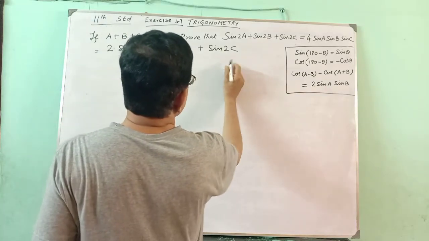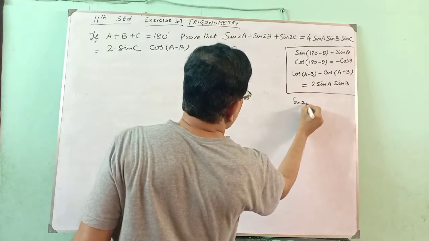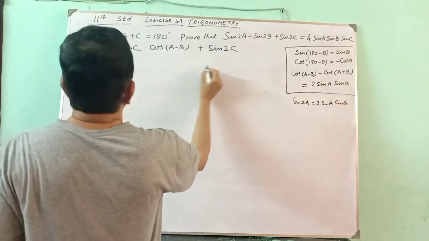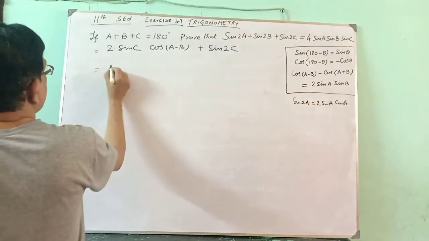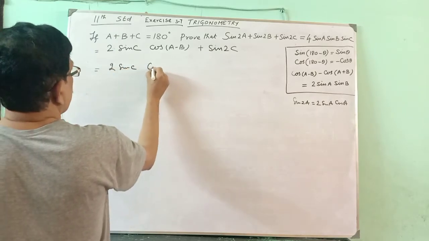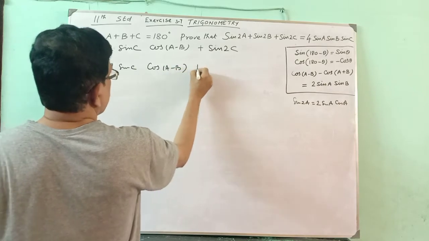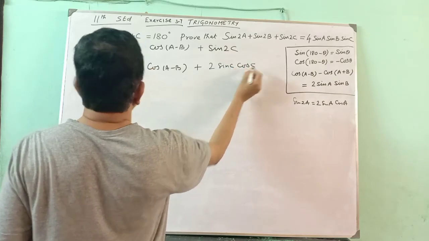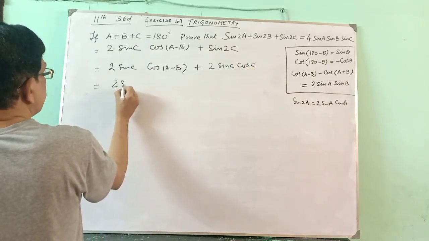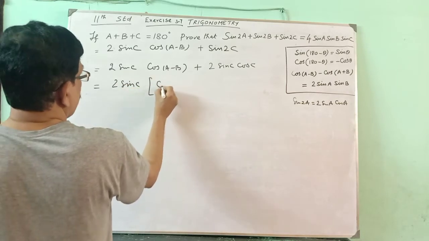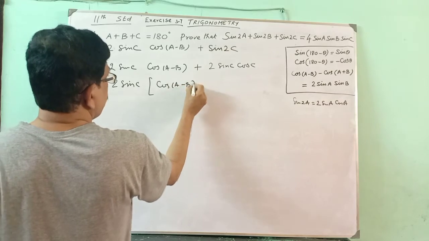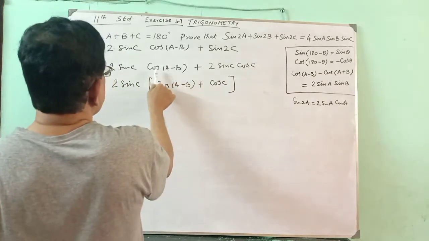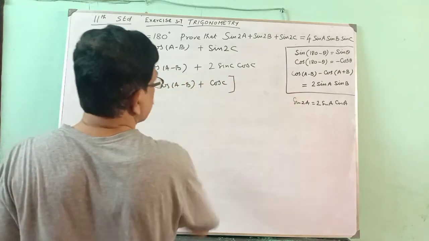Here sin 2C is equal to 2 sin C cos C, by the formula sin 2A is equal to 2 sin A cos A. So 2 sin C cos(A minus B) plus 2 sin C cos C. Taking 2 sin C common, the remaining is cos(A minus B) plus cos C.